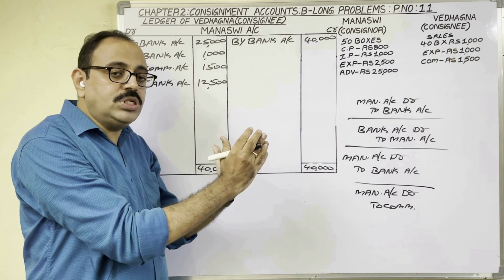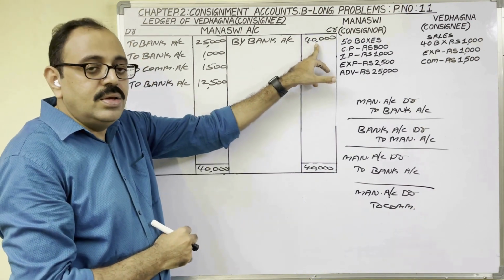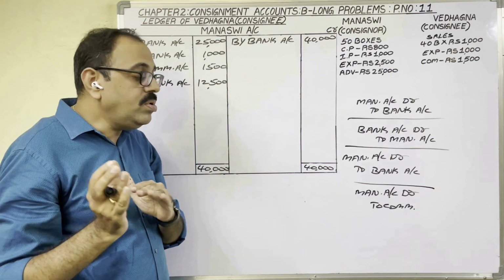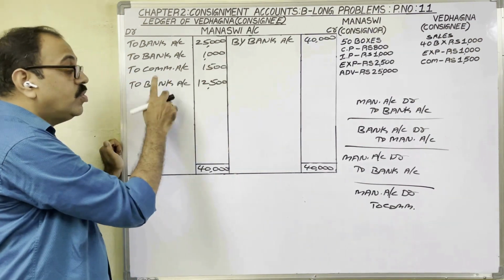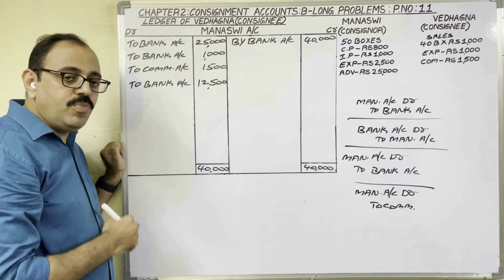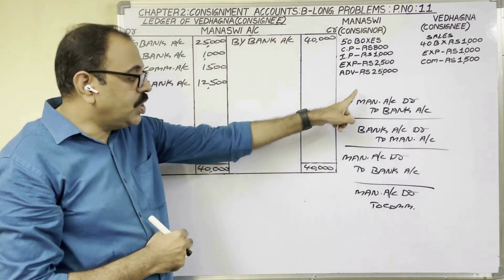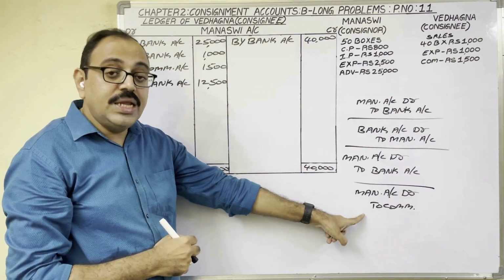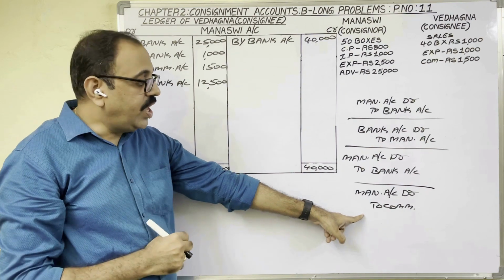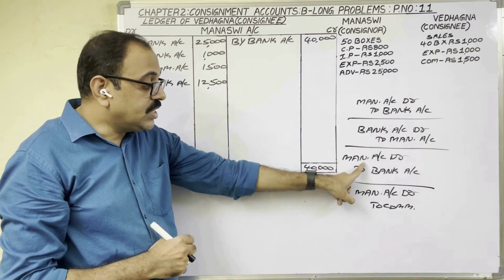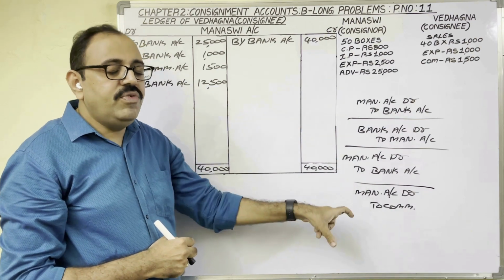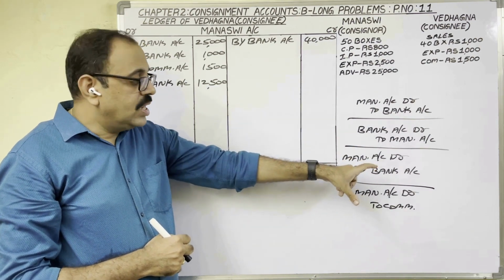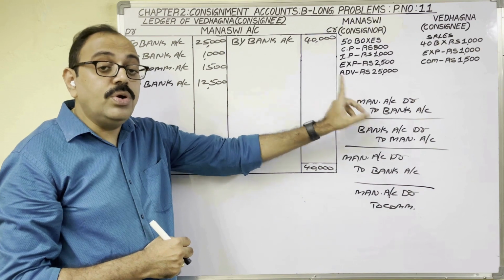So debit amounts come on credit, credit amounts of that account come on debit. But in the particulars column you cannot write the same words. And one more point: if you observe all the entries in consignee's books, everywhere consignor's name is coming. So like a hint you can remember, whatever entry we record in consignee's books, compulsorily the consignor's account comes.